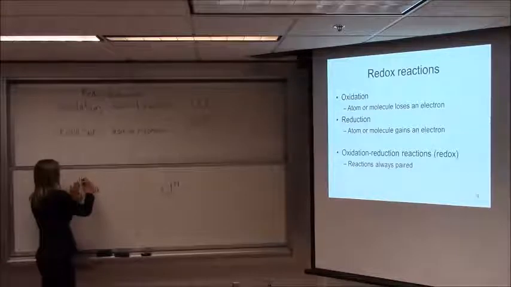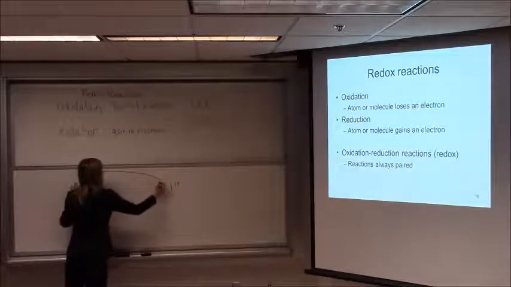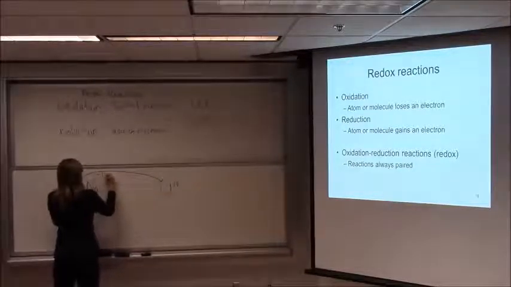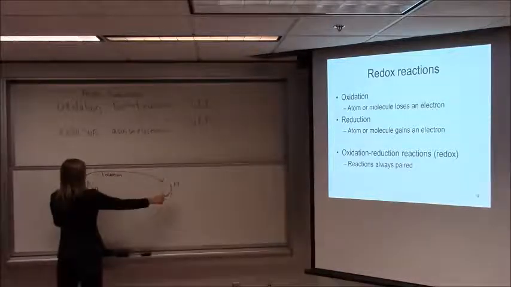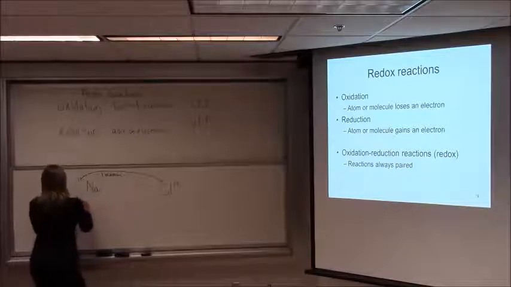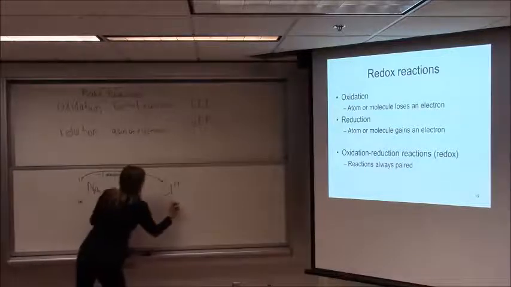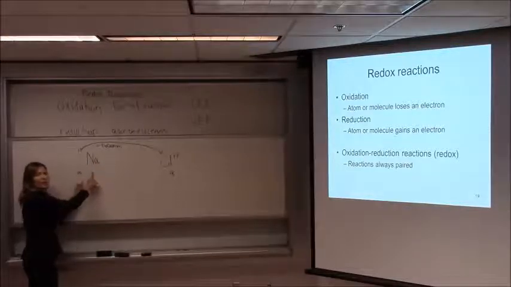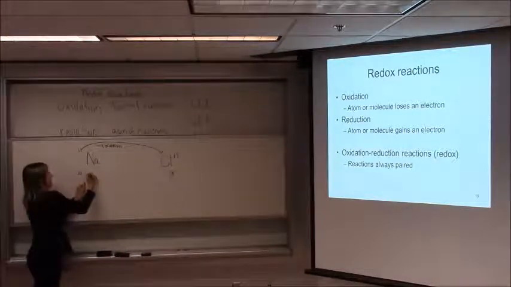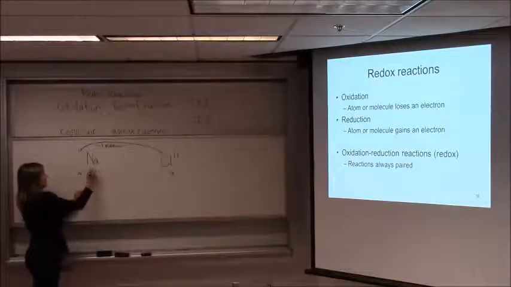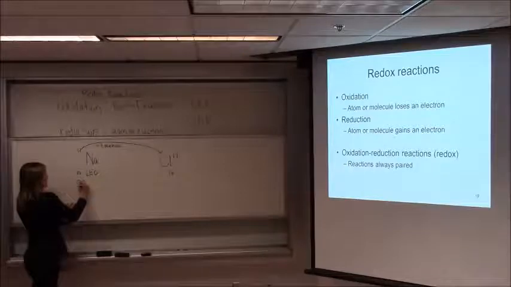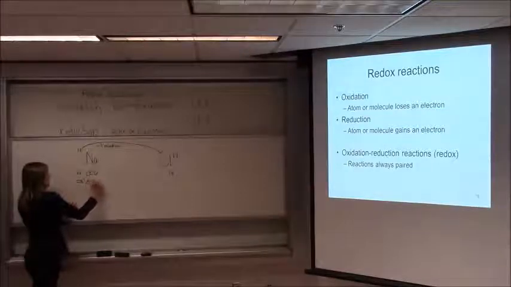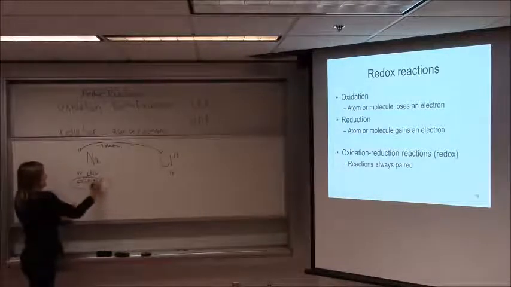When sodium transfers 1 electron to chlorine, sodium now has 10 and chlorine has 18. Sodium lost an electron. Loss of electron is oxidation. We would say that sodium was oxidized.